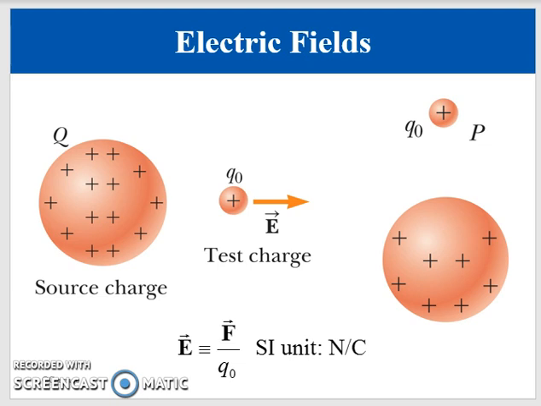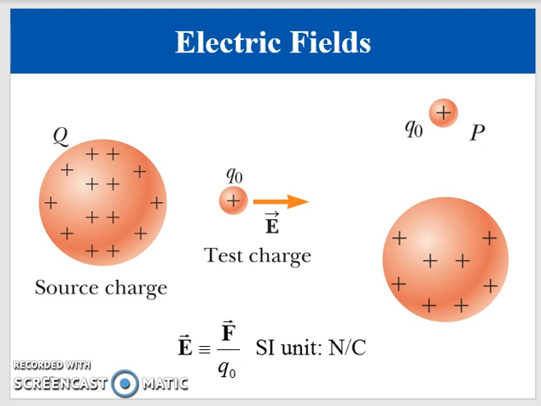Measure the force with some instrument, a forceometer, if you will. And what I can do is take the ratio of the force that my instrument gives me, divide that by the charge on Q naught, and that would give me a measurement of the electric field that my large sphere was giving. Okay.